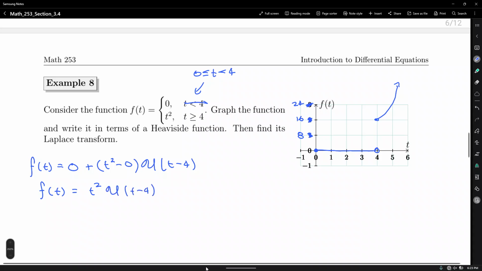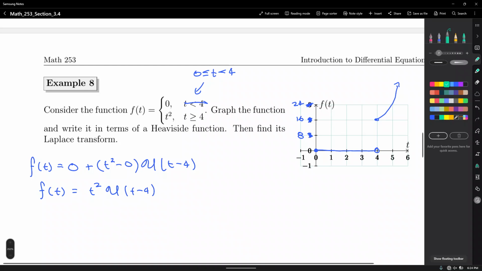I mean, again, what's a translation here? t minus 4, all right? Here, check. It's not. This guy right here, we wish it were t minus 4.